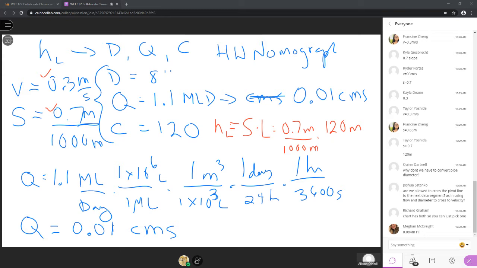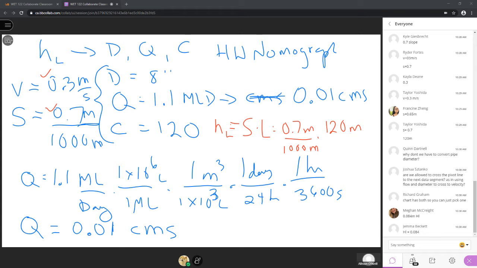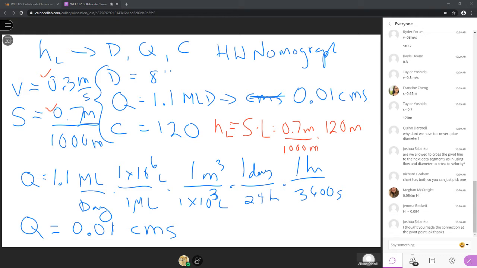Yes, okay, going back to Josh's comment there, yes, you have to cross the pivot line in order to find your velocity. So the QDV line connects the flow rate, the diameter, the pivot, and the velocity. Then your other line connects the pivot and the C value and the slope.